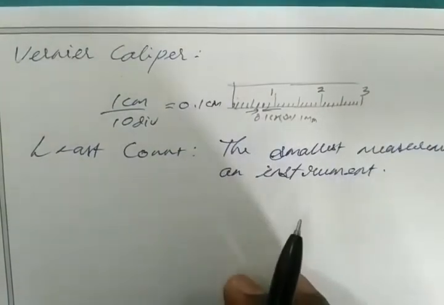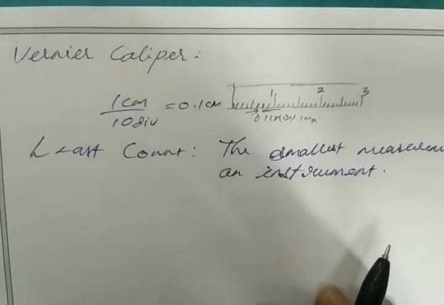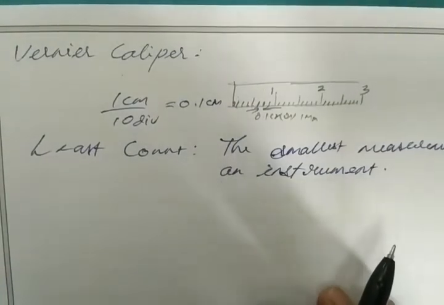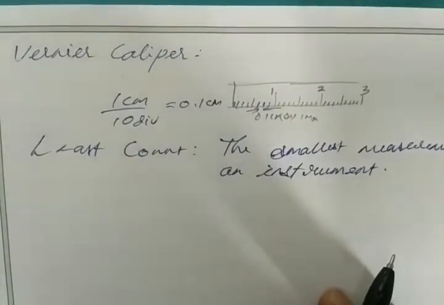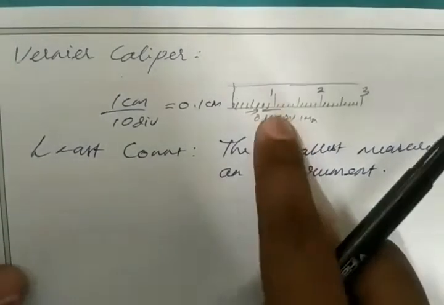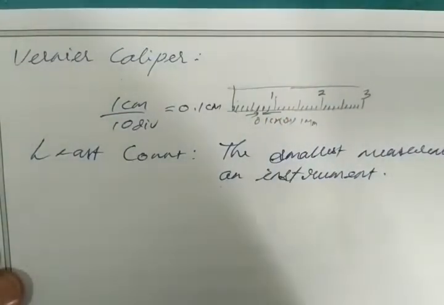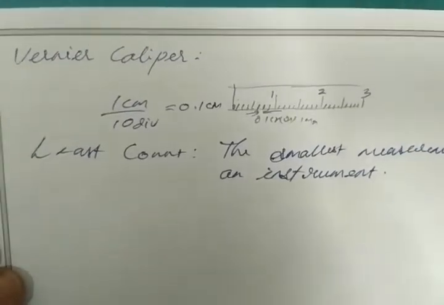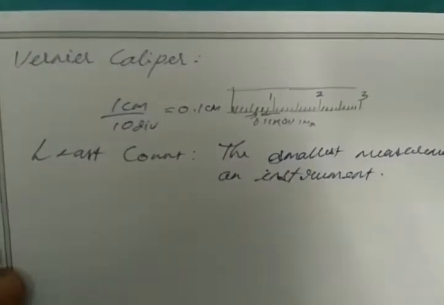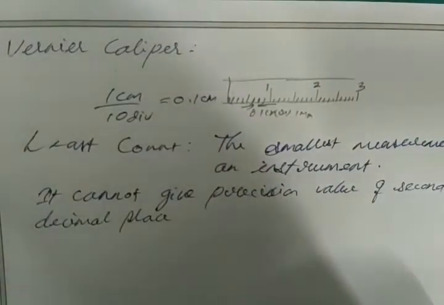So we use the vernier caliper, which also has the same kind of readings. Okay, it looks like a scale, but we use it for some other purpose also. We will see one by one. Our normal scale cannot give precision of the second decimal place.